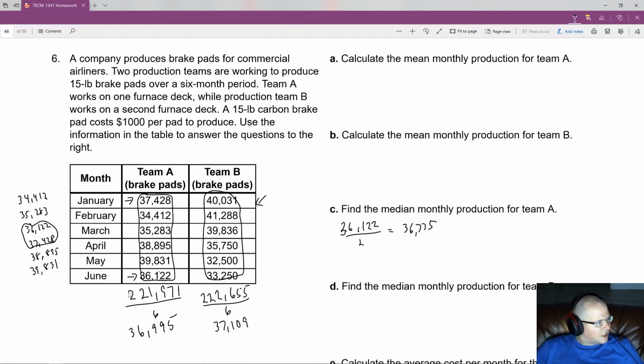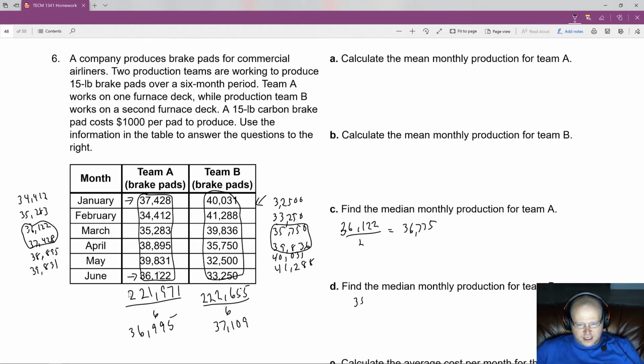Next, they want you to find the median of this group over here on the right, Team B. So we'd have to reorganize that one as well. That would give me 32,500, 33,250, 35,750, 39,836, 40,031, and 41,288. So we would add these 2 in the middle together right here.